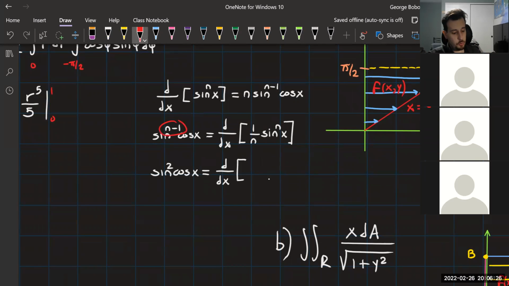So if this is 2 right now, n has to be what? N has to be what here? 3. Right, okay. So what's happening in here? Now you can find it very quickly.